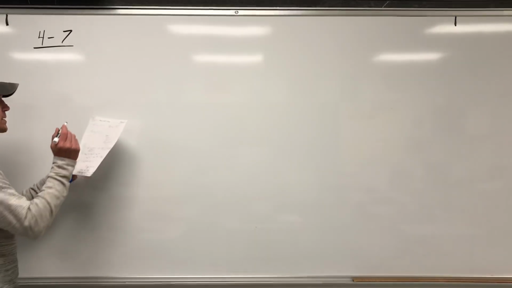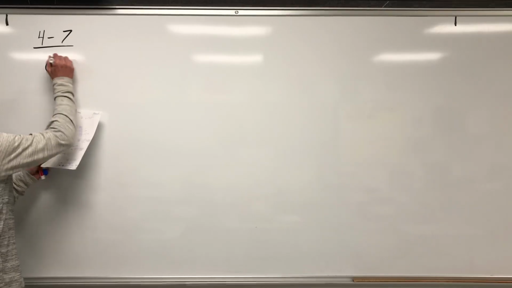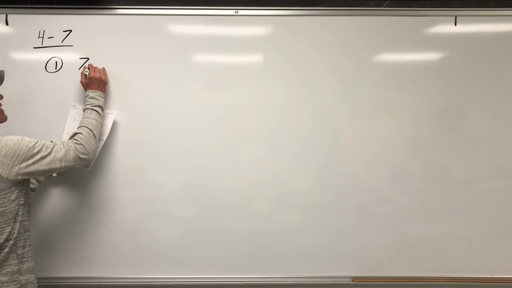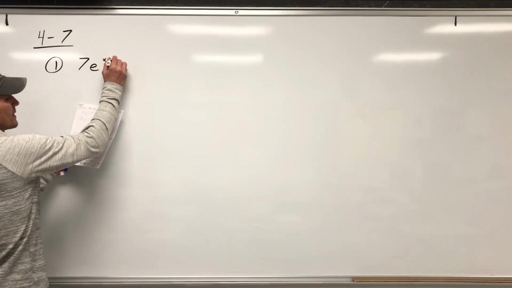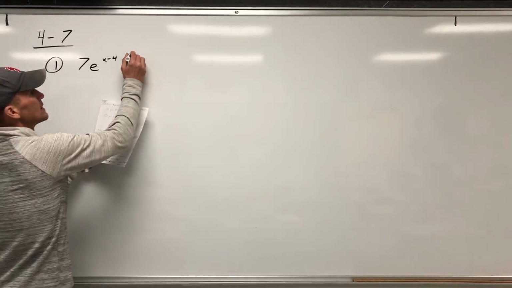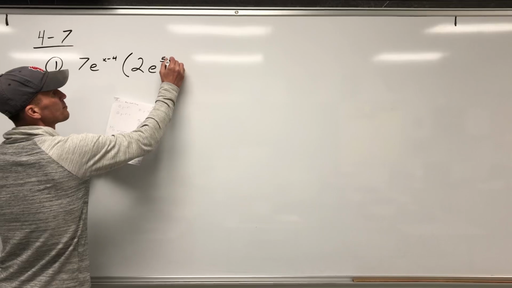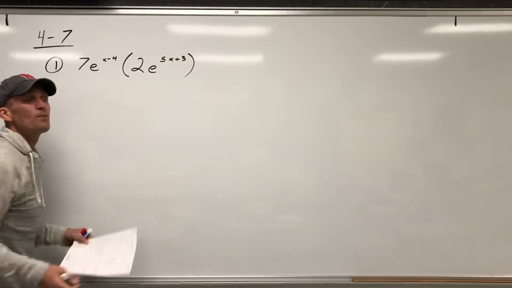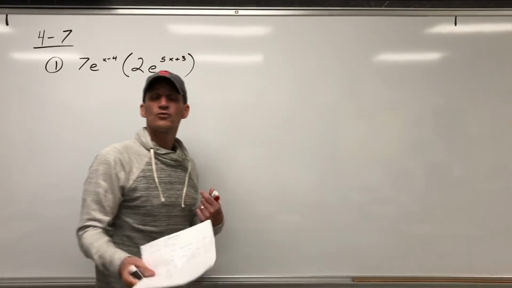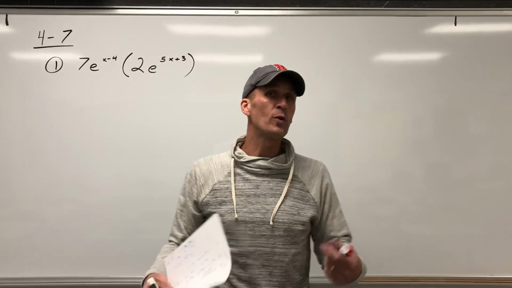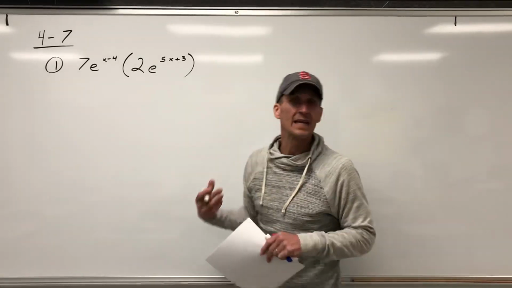Let's get to it. Number 1, we're gonna have 7e to the x minus 4 power times 2e to the 5x plus 3 power. Well, you guys, e is the natural number, it's 2.72, but whenever you're doing the math, you get to treat it like any other variable.